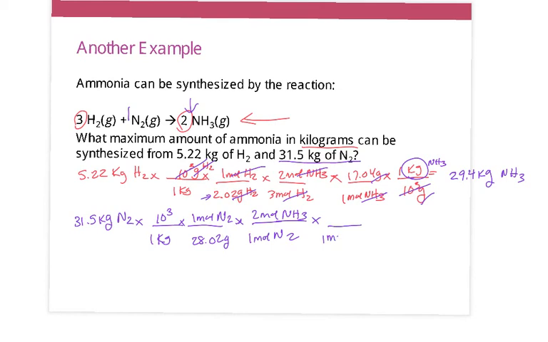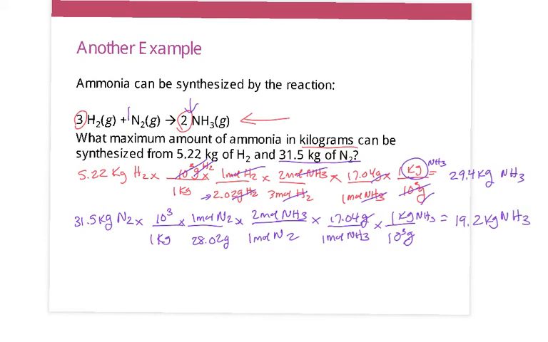And now I go back to grams, and I know there's 17.04 grams per 1 mole of ammonia, and I want to convert this to kilograms, so the grams will cancel out, and I end up with this. So I get 19.2 kilograms of NH3.